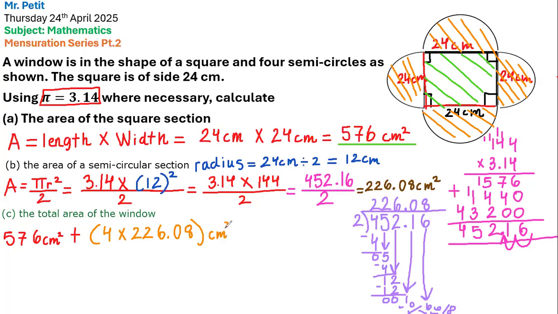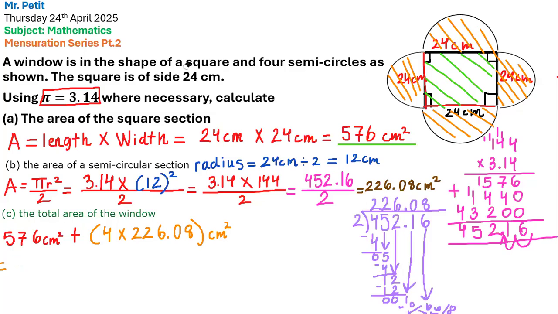And so the first thing I'm going to do is figure out what is 4 times 226.08. So you have to multiply them. I'm going to keep that 576. We need to keep that. Let's stick with the red.